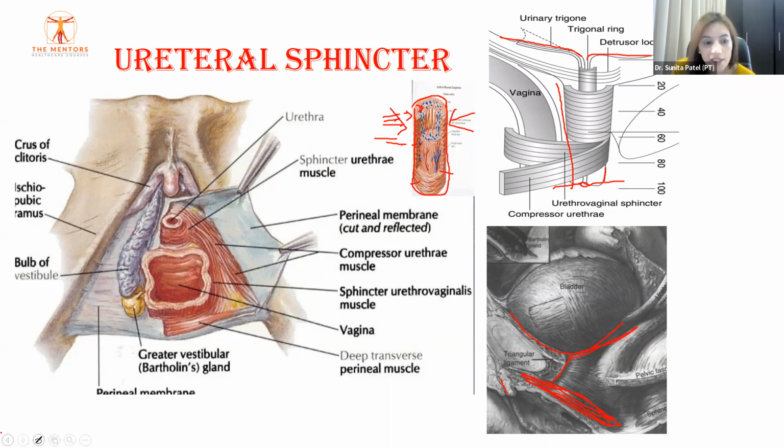And now all this muscle, let me use a different color of pen. All this muscle, these, all are urethral sphincters, the compressors. So compressors will come like this. They will go and merge and circle like this.